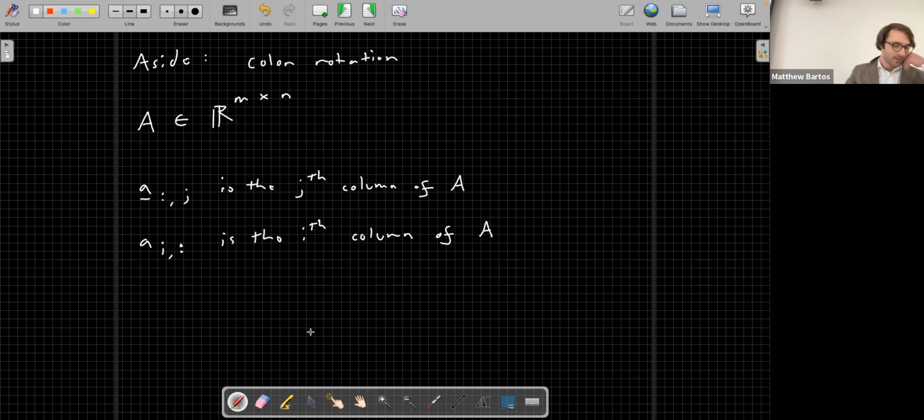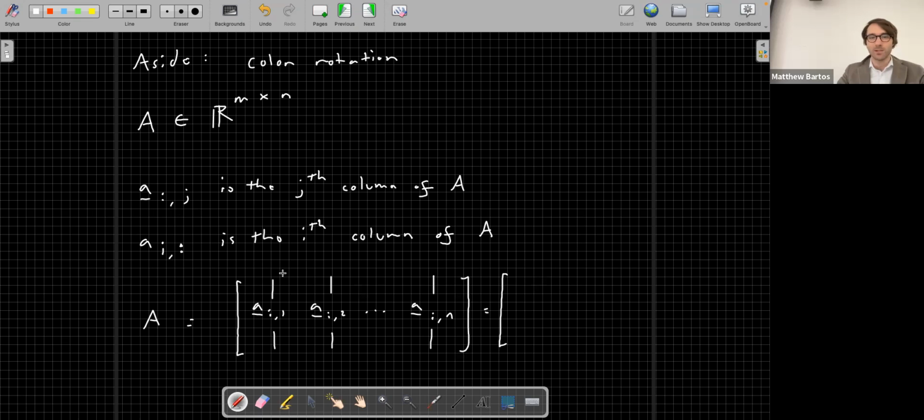For instance, if we have A, we can write it as a series of columns: A colon comma 1, A colon comma 2, all the way through A colon comma N. We can also write it as its rows. Sorry, this should be A transpose, because when I talk about rows, I will refer to them as transpose vectors.